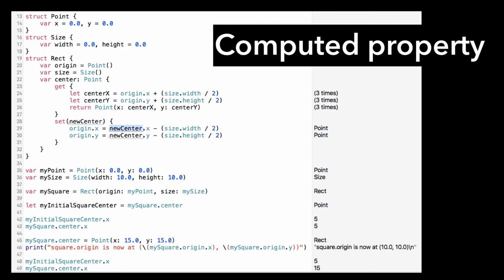One is a point, the very first one at the top, with x and y. The second one is the size with the width and the height. The third one is the actual rectangle, where we use the point and the size as the stored properties. Then we have our center, and our center is going to be our computed property.